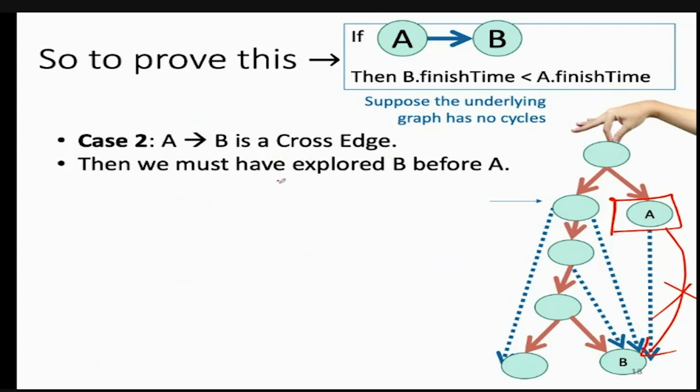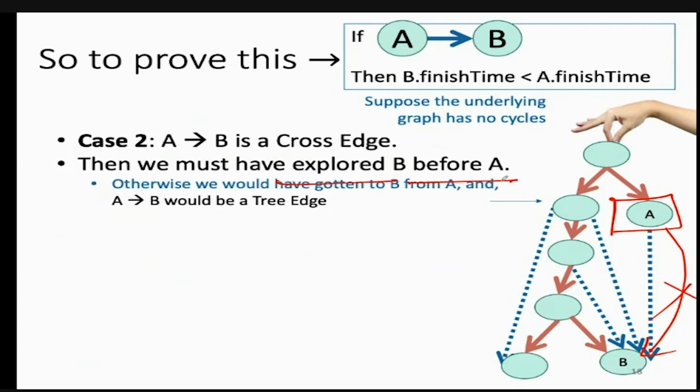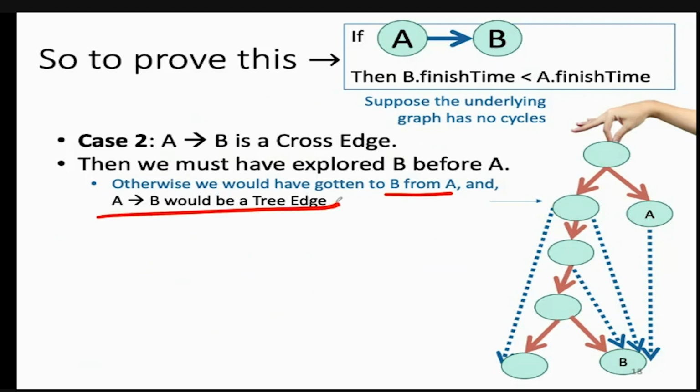So we have explored B first, and then we have explored A. So this is what I've said just now. Otherwise, we would have gotten B from A, so A to B would be a tree edge. So if this is not a tree edge, if this is a cross edge, then we have surely explored B before A.